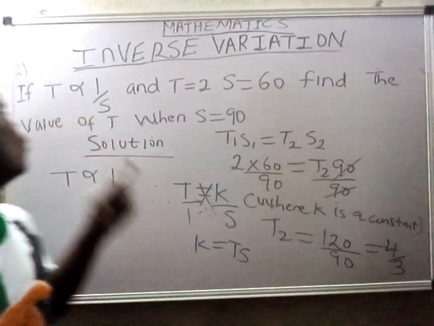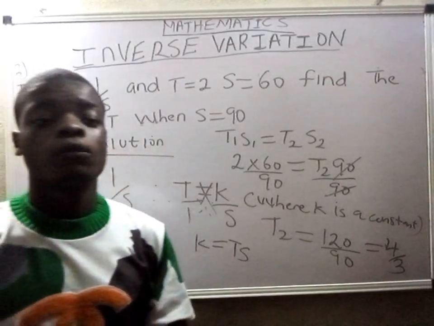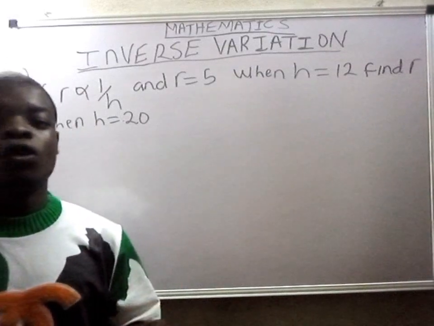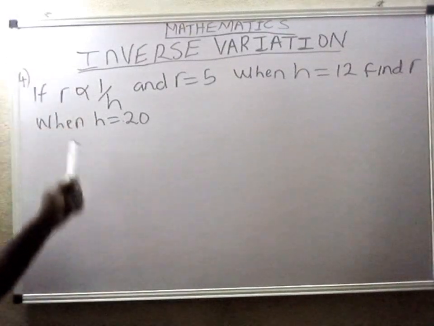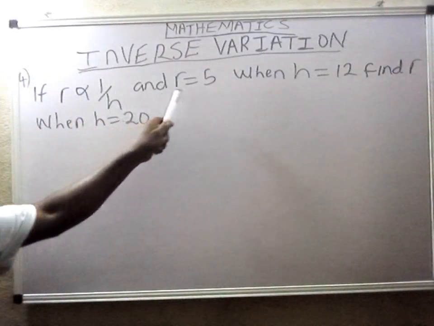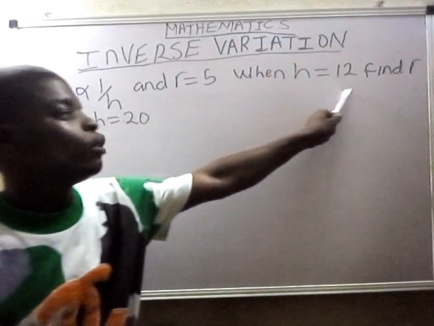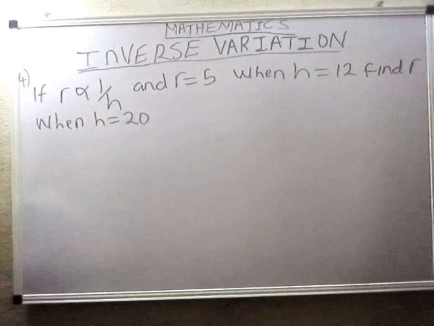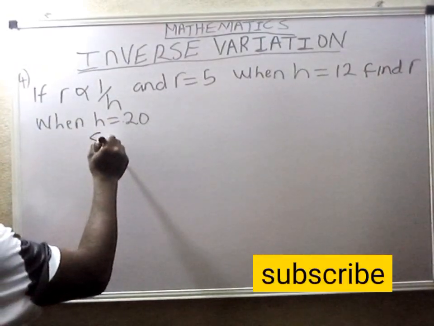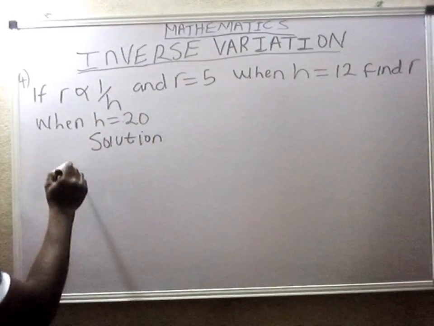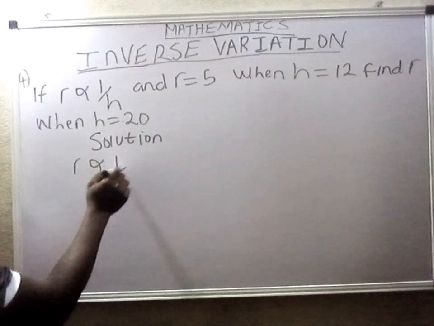Let's take question 4. So we have that if arrow varies inversely with h and arrow equals 5 when h equals 12, find arrow when h equals 20. So our solution. We have that arrow varies inversely with h.